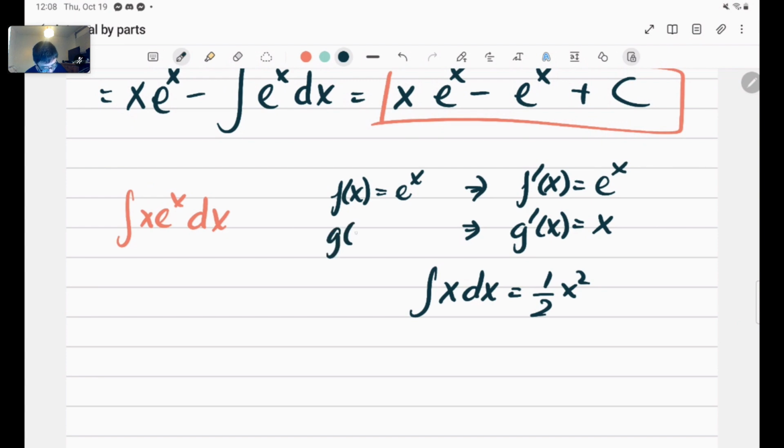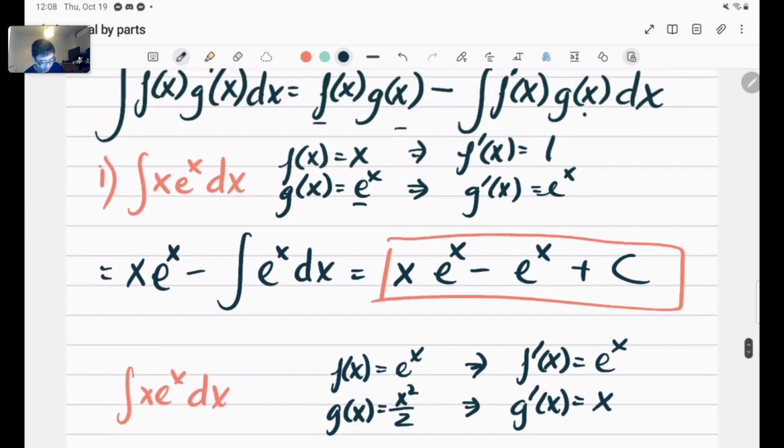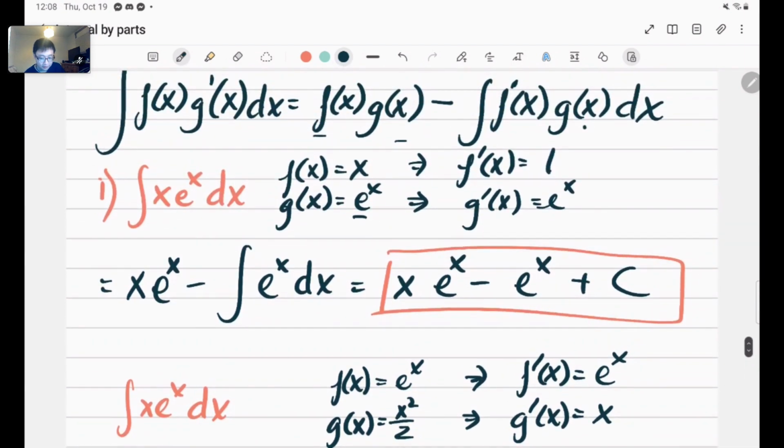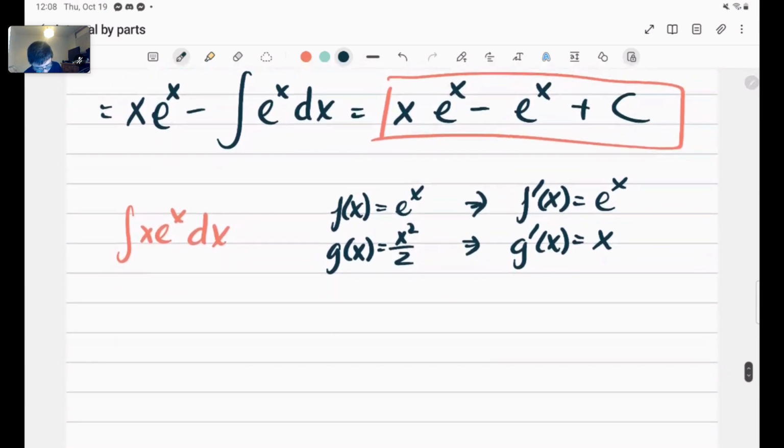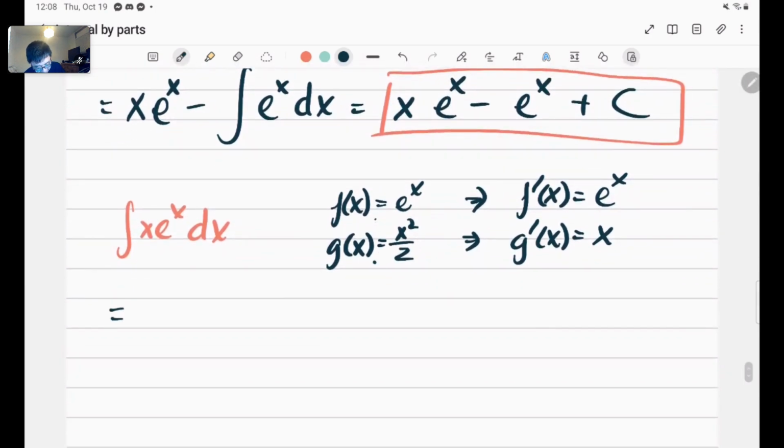So g of x is equal to x squared over 2. Use the formula that I showed you above and just plug them in. So this equals f of x times g of x, meaning x to the power of 2 over 2 times e to the power of x, minus the integral of f prime, e to the power of x, times g of x, x squared over 2.